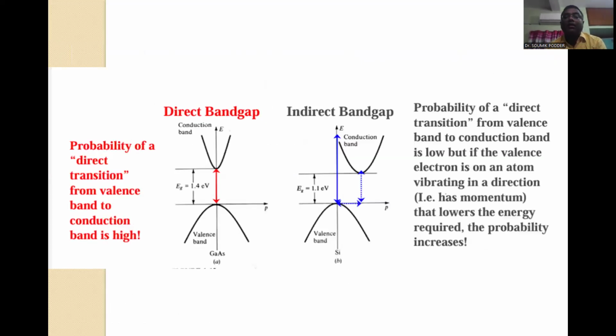So this is the explanation of direct and indirect band gap semiconductors. One experiences phonon scattering and phonon emission, and the other experiences photon emission. So direct band gap experiences photon emission, and indirect band gap experiences phonon emission. Although a very small intensity of photon emission does take place, it is not very visible.